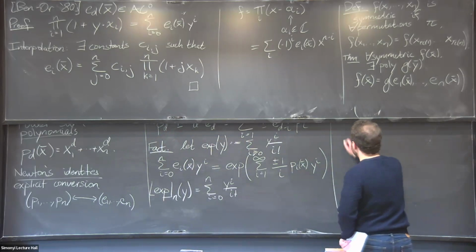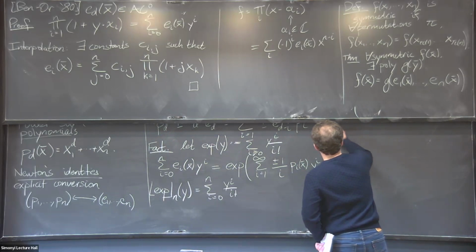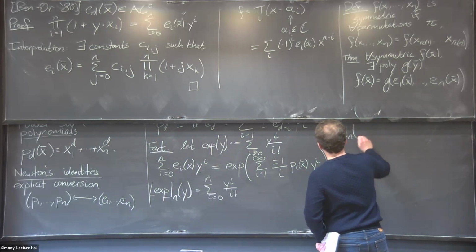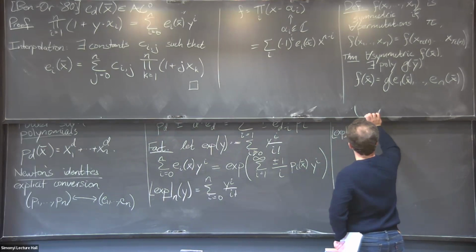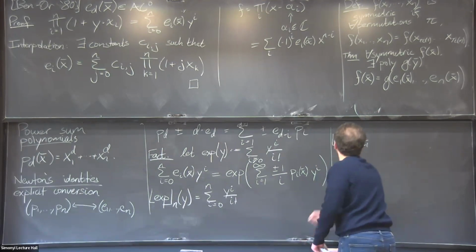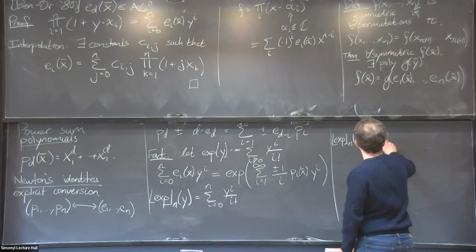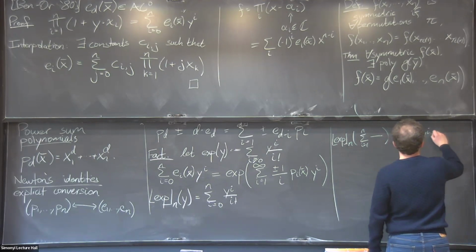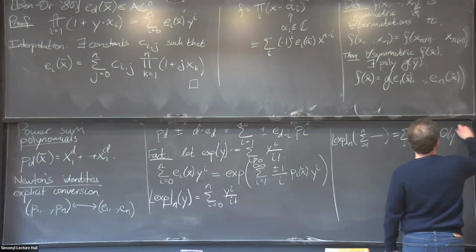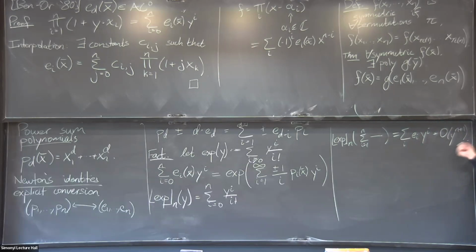You can show that if you take the truncated exponential of this same series, also truncated to degree n, this gives you the power sums plus some junk terms, but these junk terms are of higher degree in Y. So you've expressed this identity up to precision n, and you should expect to get the right answer up to precision n on the right-hand side.